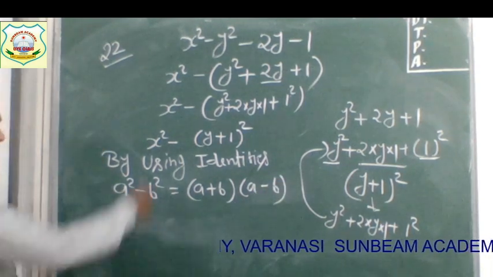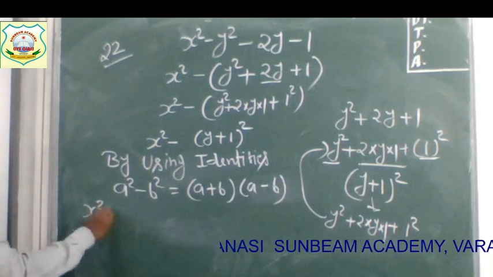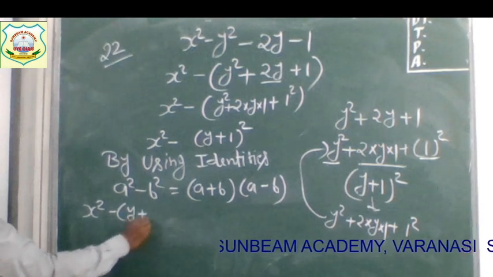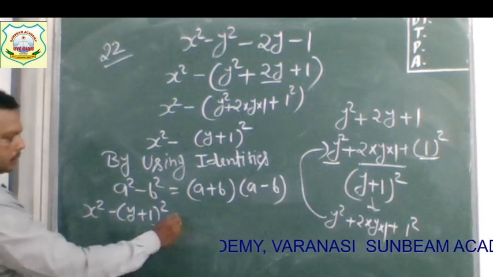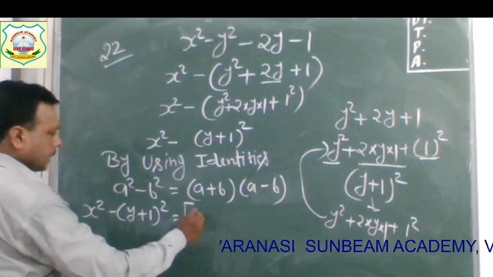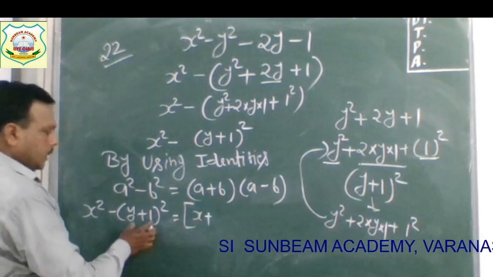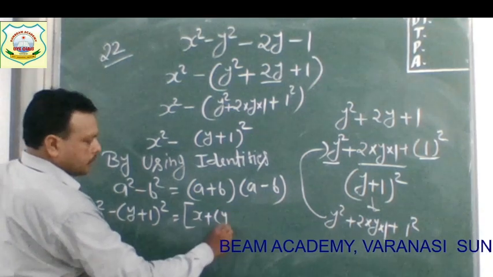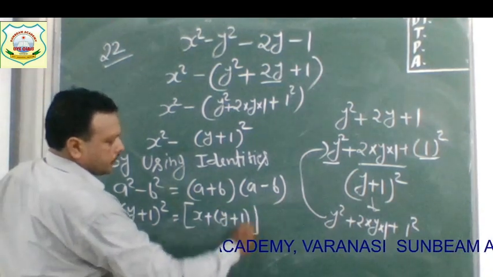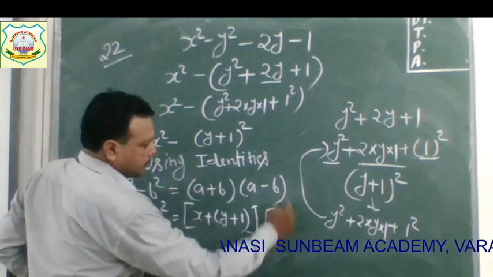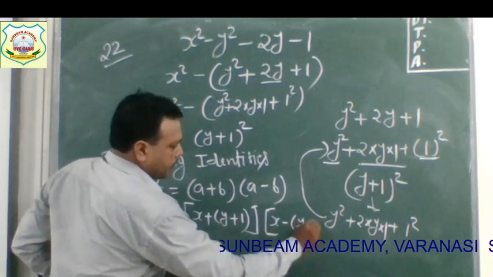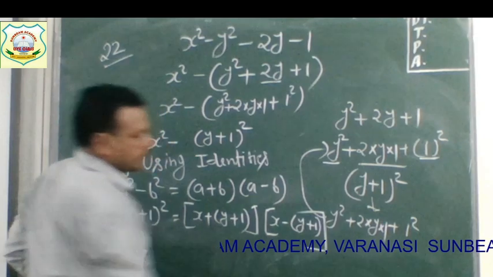Clear, students? So x square minus y plus 1 whole square, it is the form of a square, it is the form of b square. Equal a as x plus b like y plus 1. So y plus 1 we will write. Similarly, a that is x minus b just like y plus 1. Clear, students?